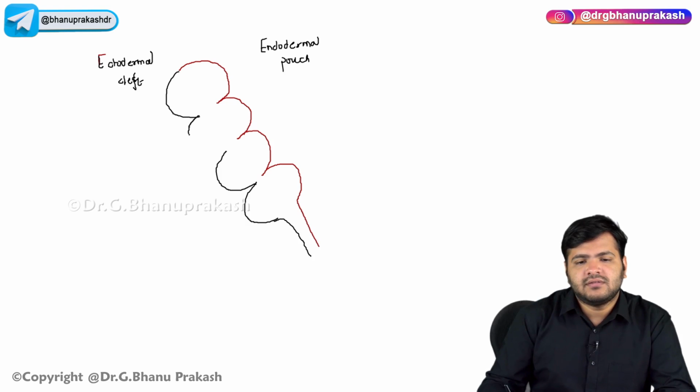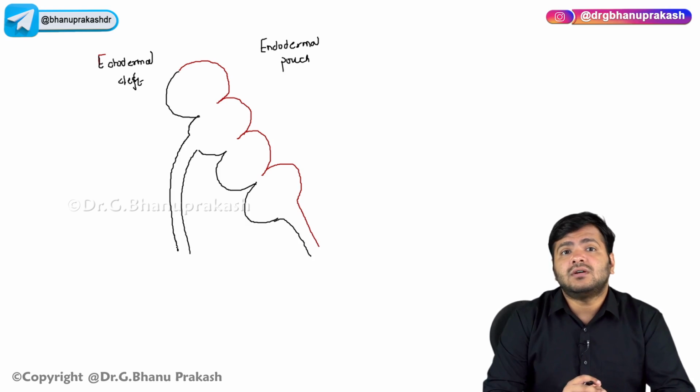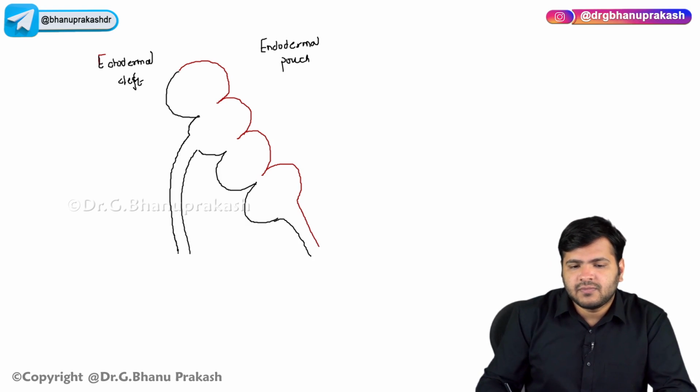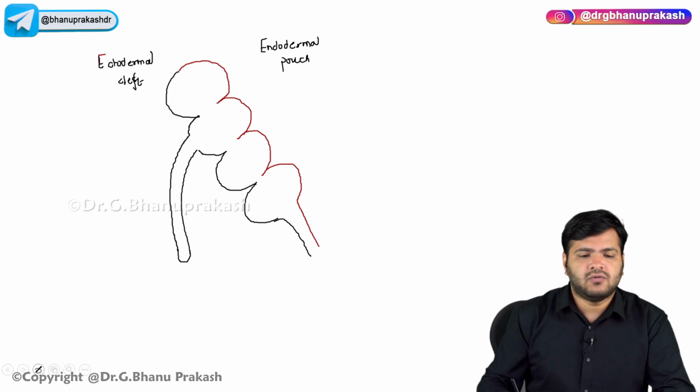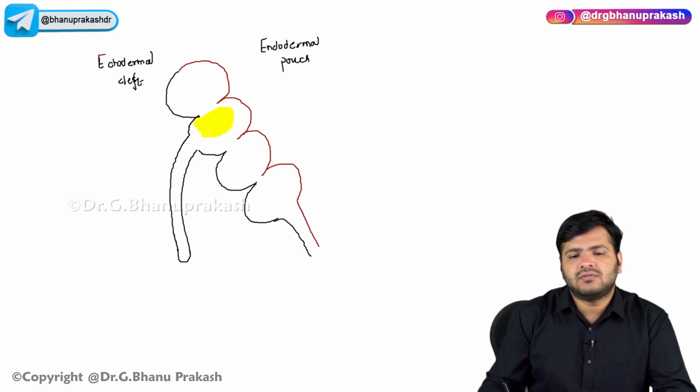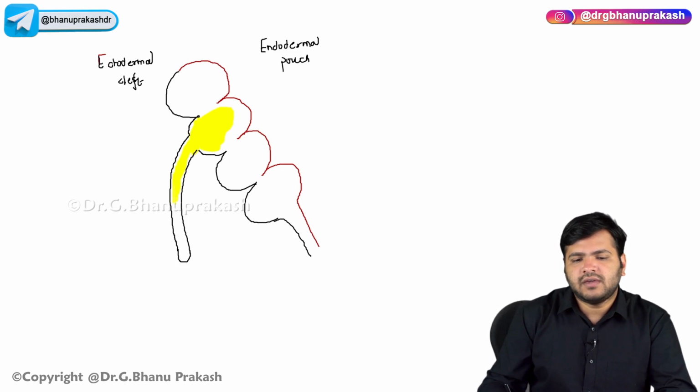So let us just support this. Yes, the mesoderm in the second pharyngeal arch will grow like this, right? Let us just highlight over here. This is the mesoderm in the second pharyngeal arch. It will grow and will push the ectoderm onto one of the sides.